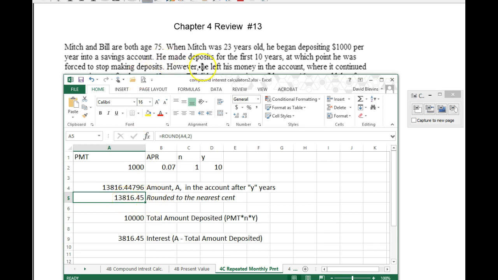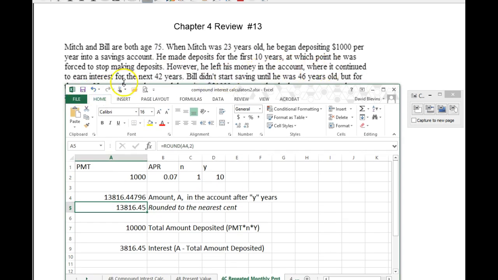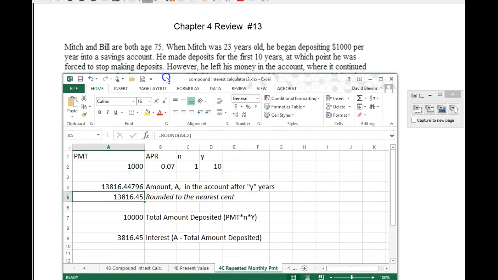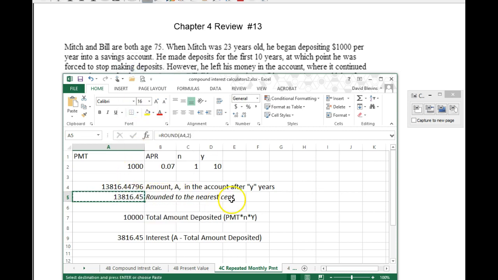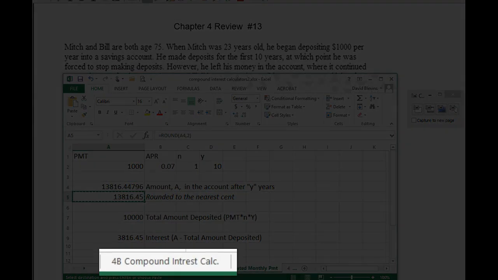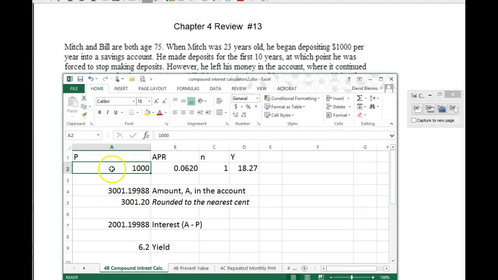But then it says he takes that money and he just leaves it in the account. So what we have to do with these spreadsheets is copy this amount, right to the nearest cent, and stick it over into the compound interest calculator. Remember, P is the amount in the account here.